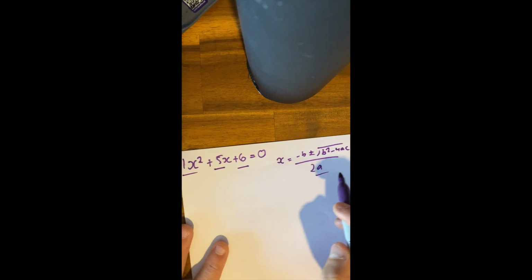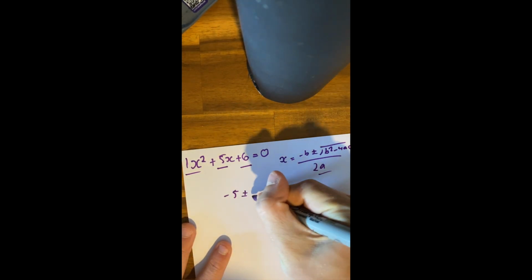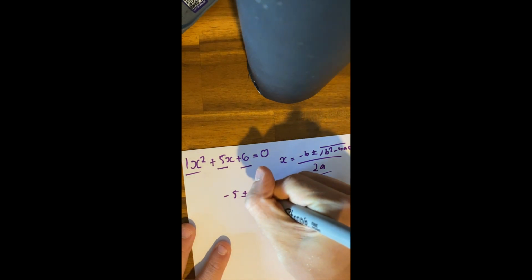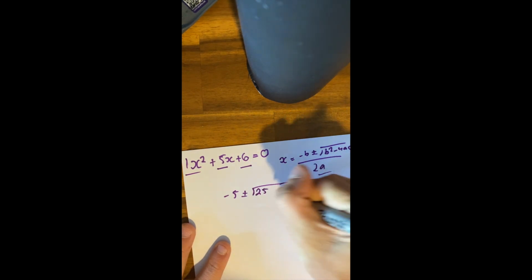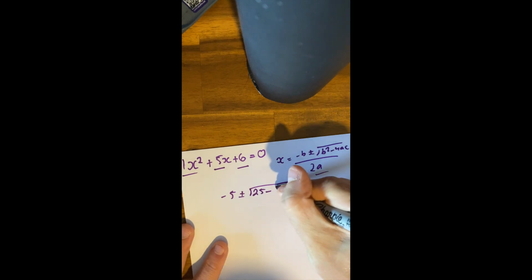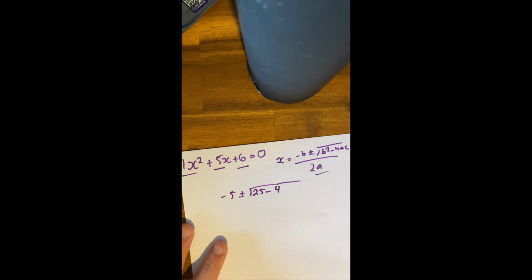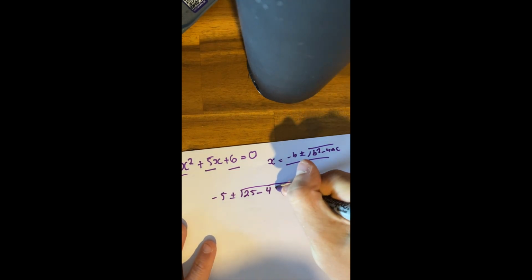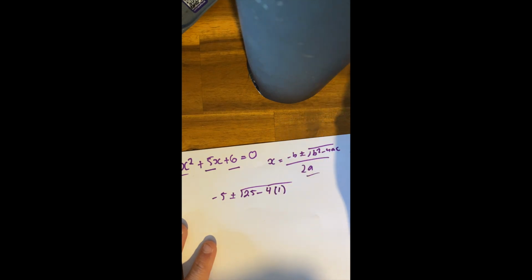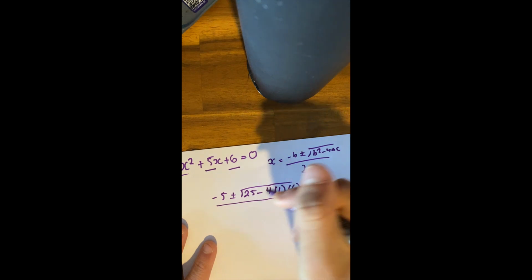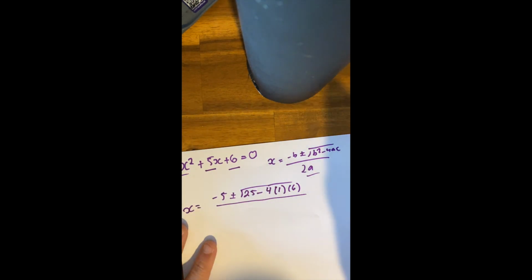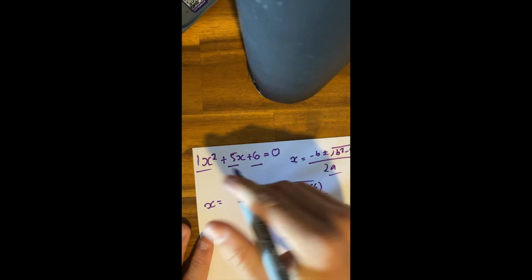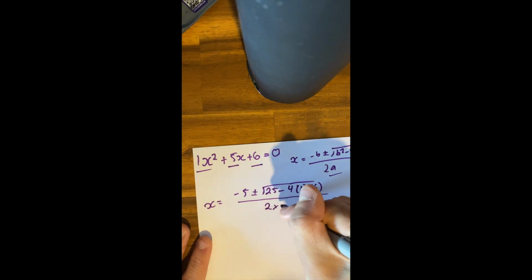So let's do that. Negative b, which is negative 5, plus or minus the square root of b squared, so 25, minus 4 times a, which is 1, times c, which is 6, on 2a, and a, of course, is 1, so 2 times 1.